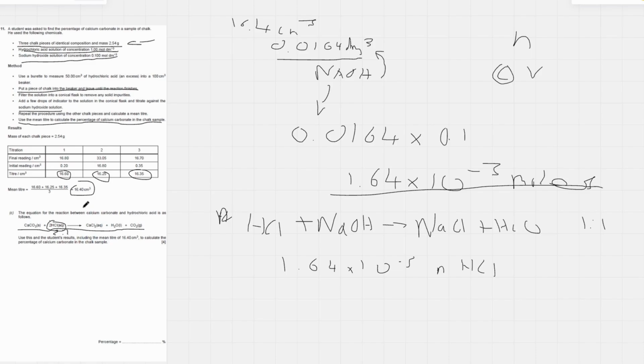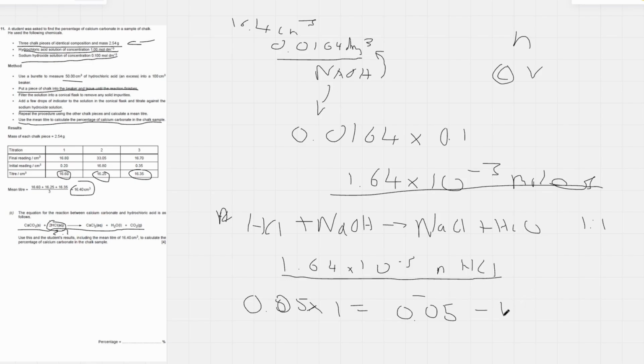So to work out the total moles of this, we need to do 0.05 because we have 50 centimeters here, times by 1, because it's 1 mole per decimeter cubed. So that's equal to 0.05. And then we're taking away our moles that were left over to work out how many moles were actually used.